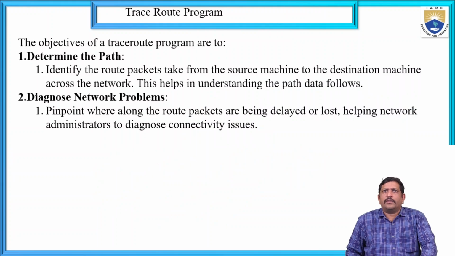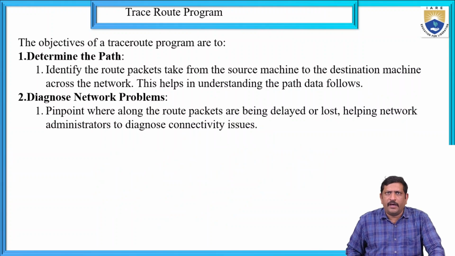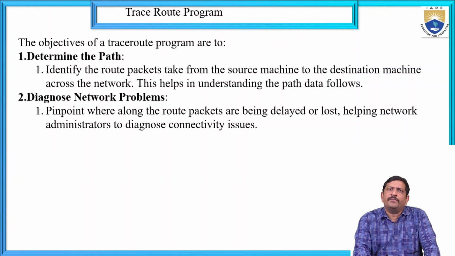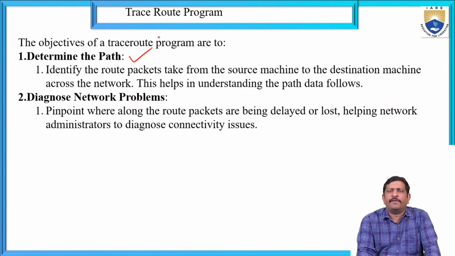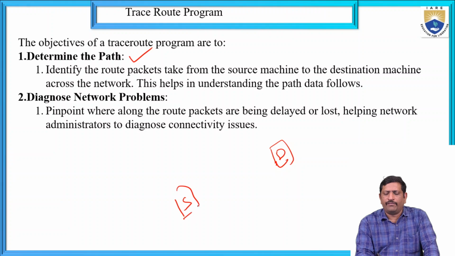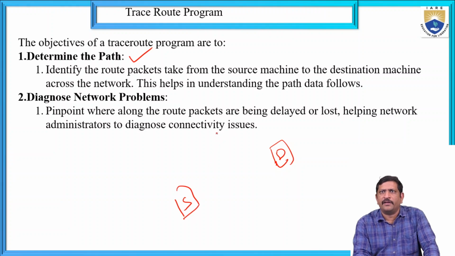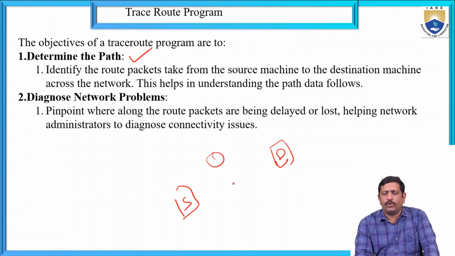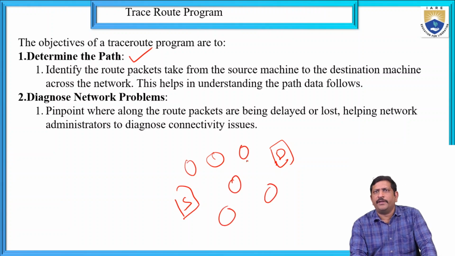The objective is determining the path. The main objective of the traceroute program is to determine the path from source to destination. How does it determine the path? First, it finds the destination machine. After finding the destination machine, the number of routers in between the source and destination will be arranged.